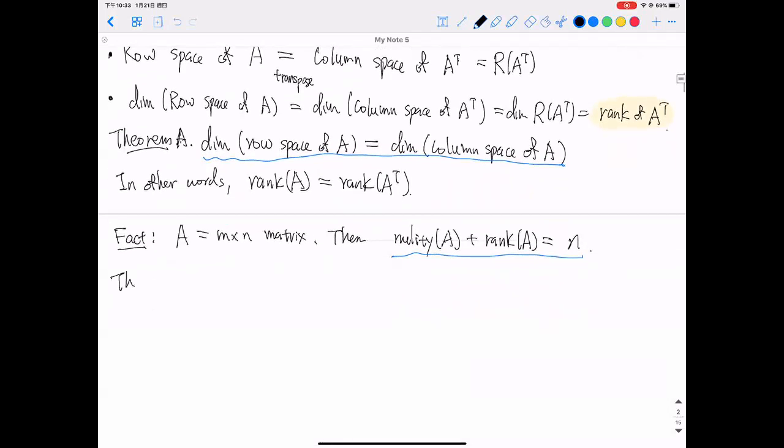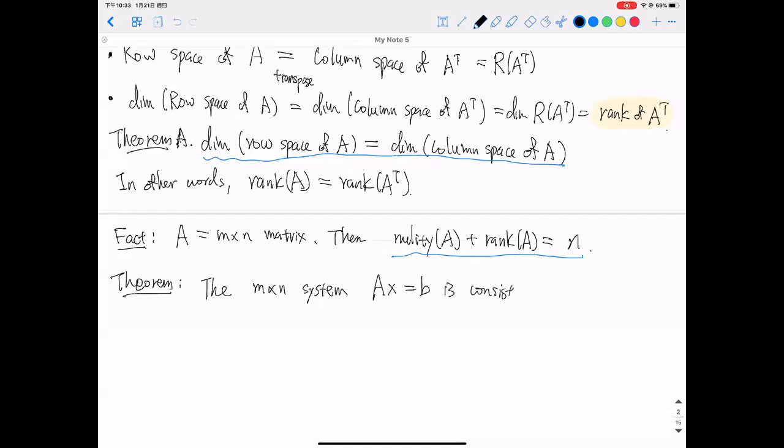And now, moving on. So we have another theorem. It concerns linear systems. Suppose you have a system written in the form AX equals B. And as we've seen before, we are interested in solving the system.